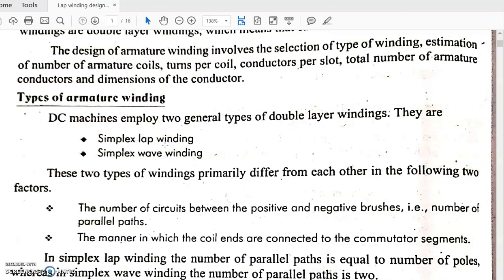Suppose the number of parallel paths is 3 times that of simplex lap winding and wave winding, then that particular winding will be represented as triplex winding. Like that, the number of parallel paths will decide whether it is simplex winding or multiplex winding. So now we are going to take only simplex lap winding design and simplex wave winding design.